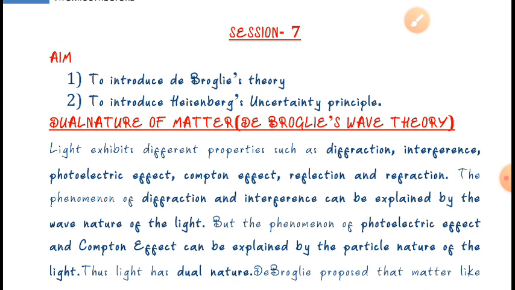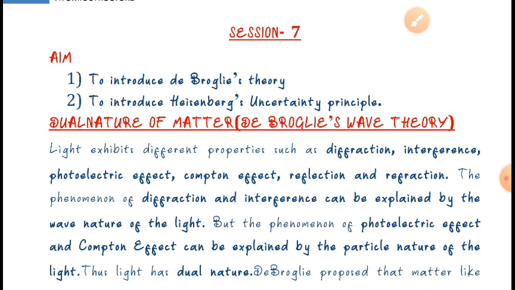Again, according to the Maxwell wave theory of radiation, certain phenomena like diffraction, interference and polarization, which I have already explained in the previous lectures, can be explained when we take light as a wave.